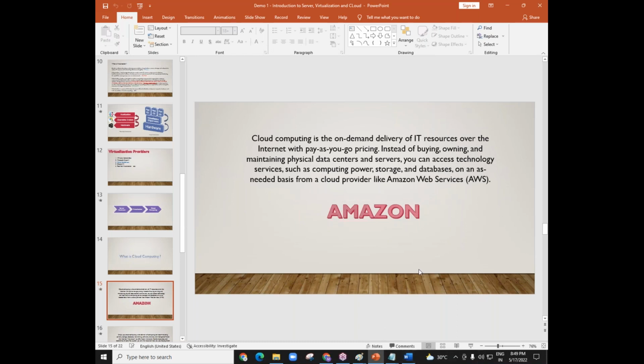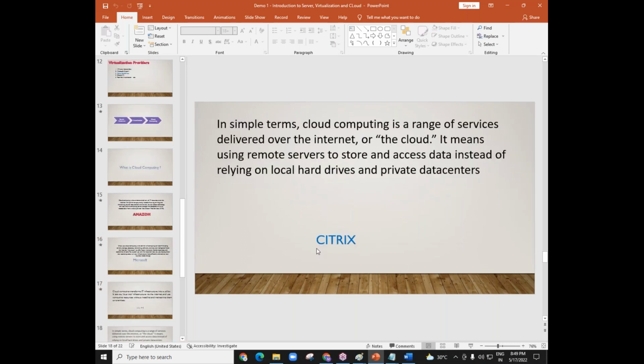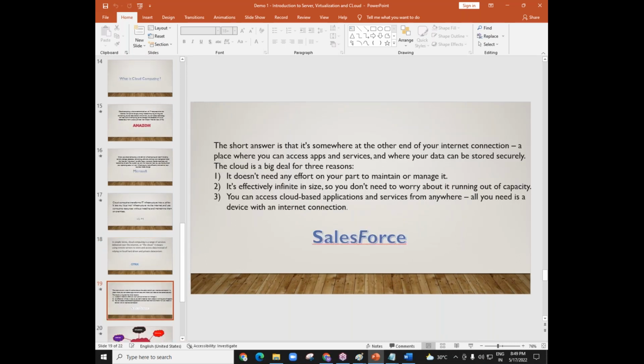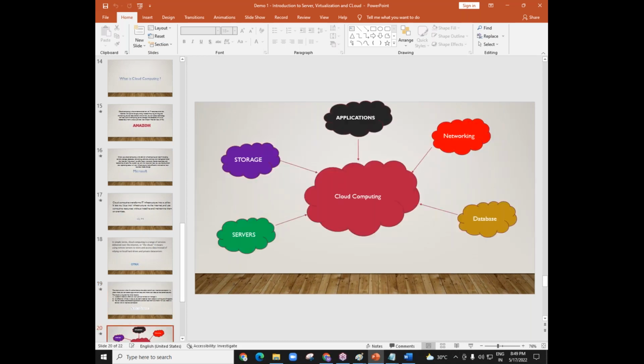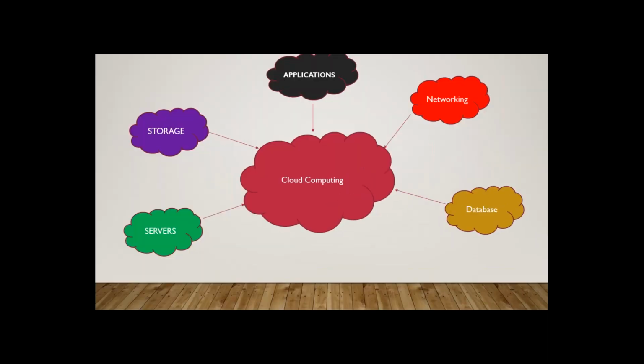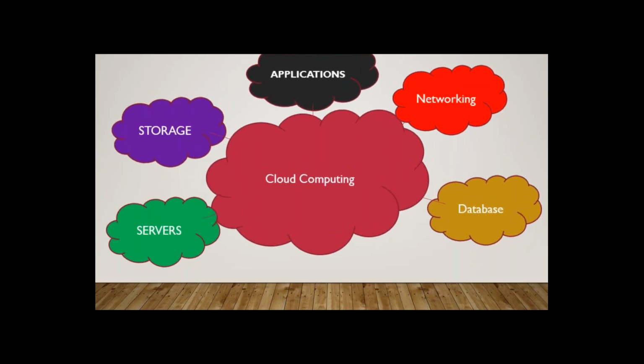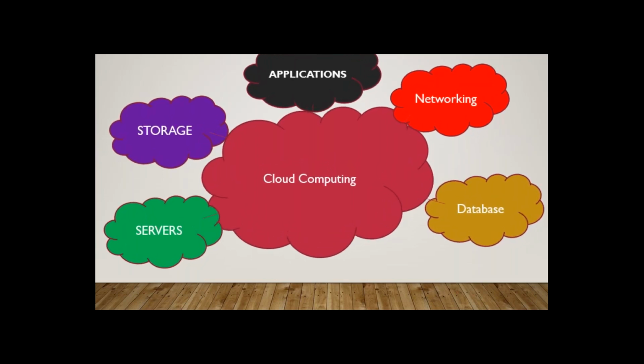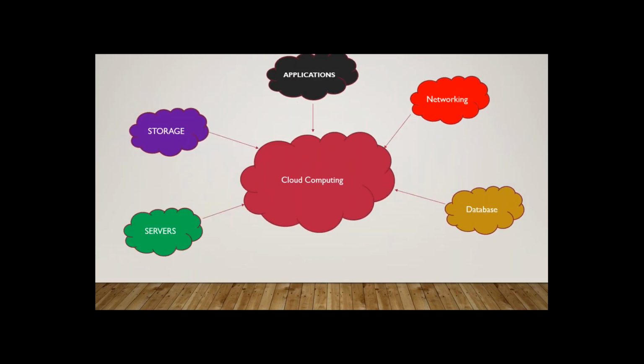So before I take any question from you, let me take you to one more slide here. Don't worry about what is there in the other slides. We'll go through most of the slides in coming classes. So this is cloud computing here. Server, storage, application, network, database, everything is available over the cloud. You know, 20 years before, servers, storage, application, network, database, all were available within the company, within our private data center.